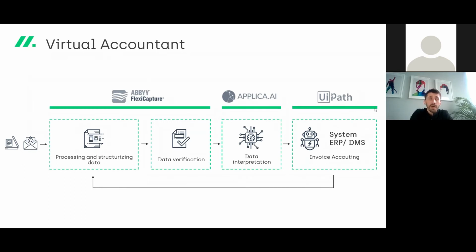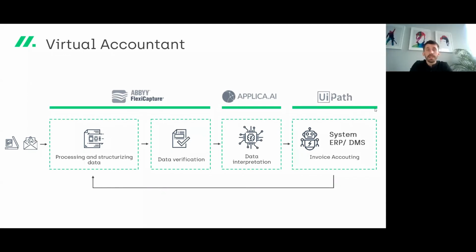So a couple of months ago, for Scania Poland, we developed a virtual accountant robot, which uses an OCR system. In this particular case, we are not using ABBYY, but a different vendor.